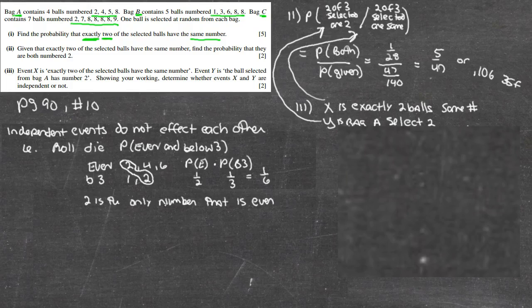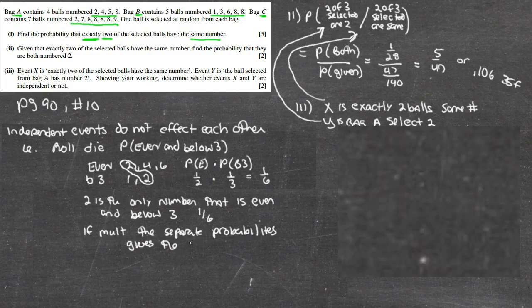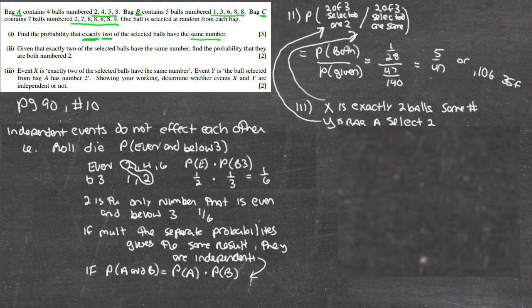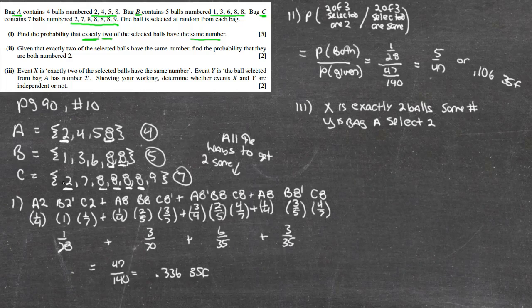The 2 is even and below 3. So it is the only one out of the 6 that meets the criteria. The probability is 1/6. Now, if you multiply the probabilities separately and you get the same as what it really is, then we know that the events must have been independent.